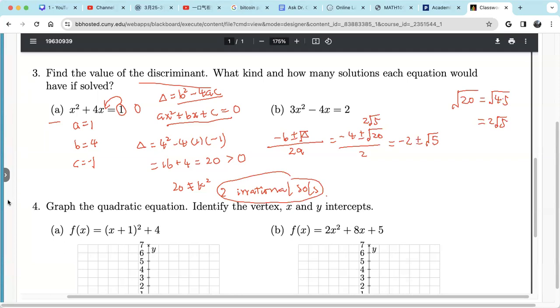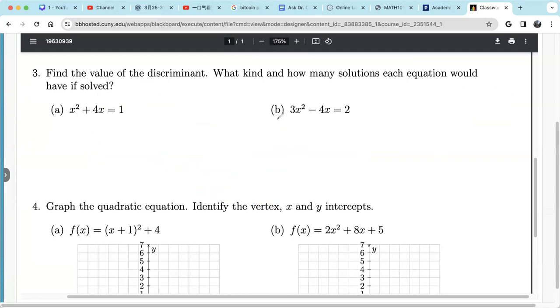Now let's see B. Same thing, let's figure out A, B, C. A is 3, B is -4, and C is -2, because we have to move 2 to the other side, and it becomes negative. Then B squared is -4 squared. I want to calculate the discriminant. Minus 4AC, 4 times 3 times -2. -4 squared is 16.